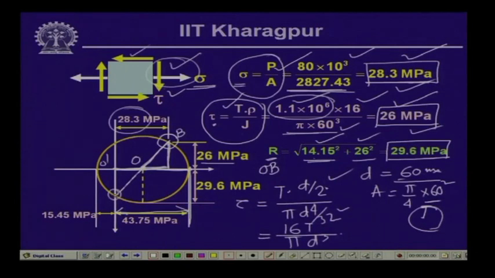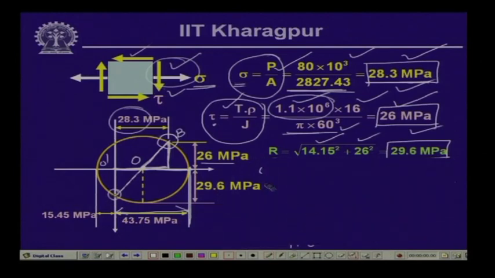and OO dash is equal to 14.15, plus we have the radius, which is equal to 29.6. So, if we add that, we get the value 43.75 megapascal.